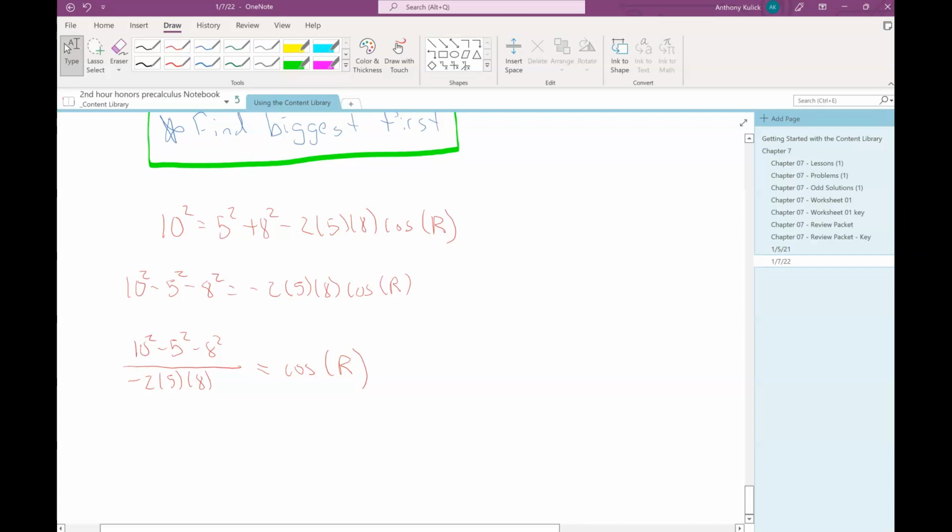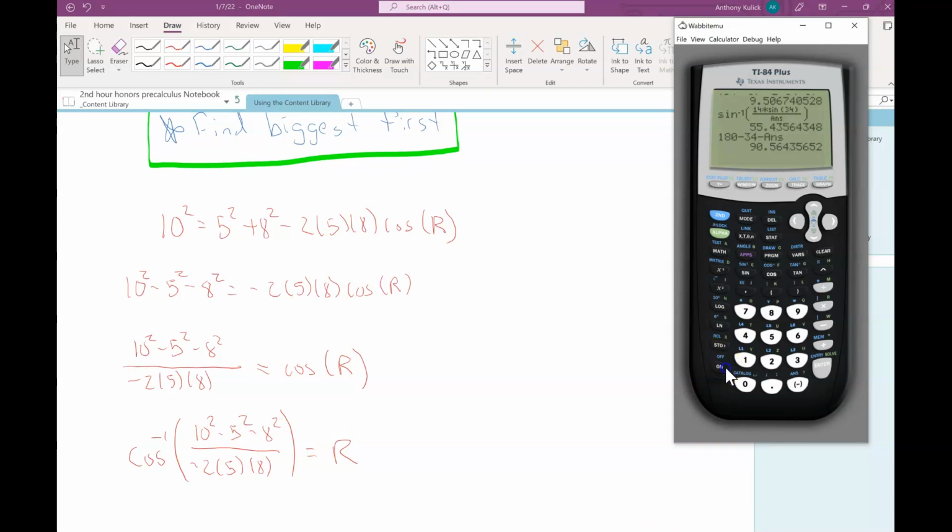Everybody's good so far? And we'll just do the cosine inverse to both sides. And here's a place where I'm definitely using that fraction command on my calculator, because without it, that's a mess of parentheses to have to sort through. The fraction command dramatically decreases the need for parentheses there.